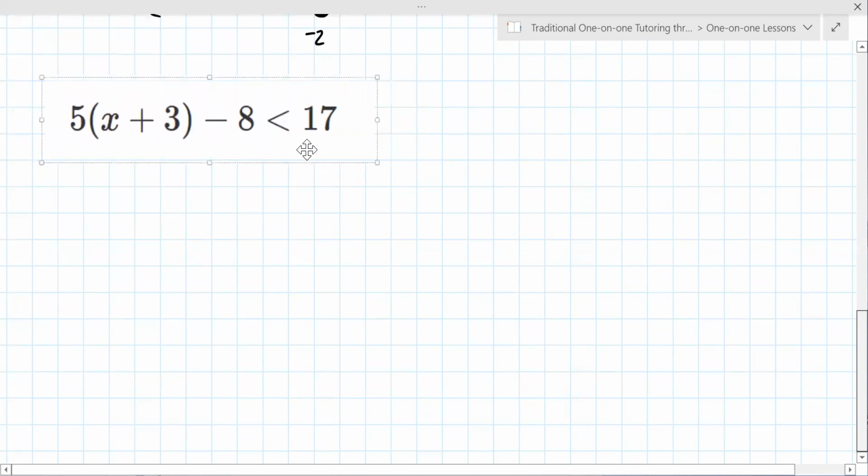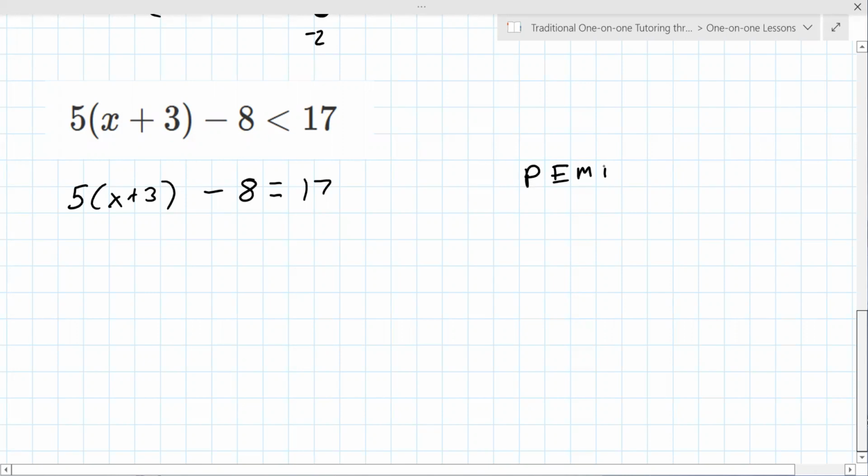Okay, so the instructions say to match with the inequality, you want to solve this inequality. Now, if you're in a traditional classroom, they might tell you to just write it as an equal to 17 for now and solve it like that. This works for a lot of problems. But you have to know in what order to undo order of operations.